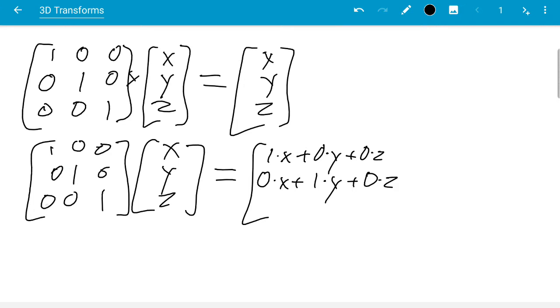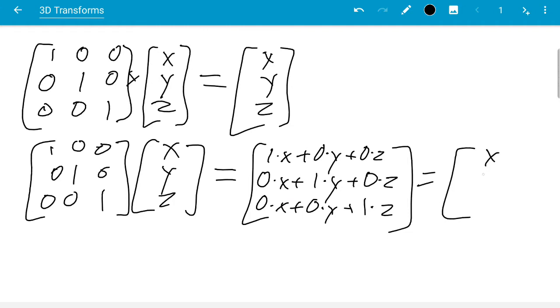Moving down again into the last row, 0, 0, 1, we get 0x, 0y, and 1z. And then if we just add these all together, the zeros are just going to destroy these terms. So we end up with x, y, and z in the end.